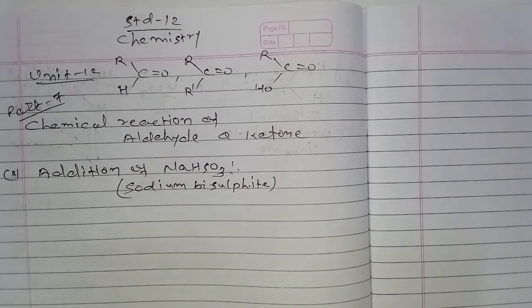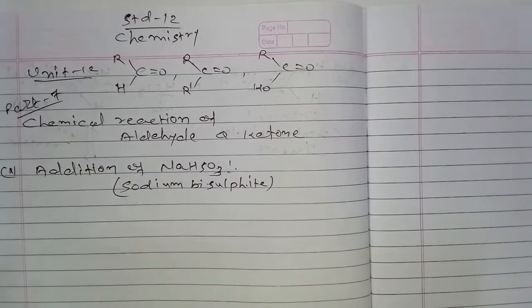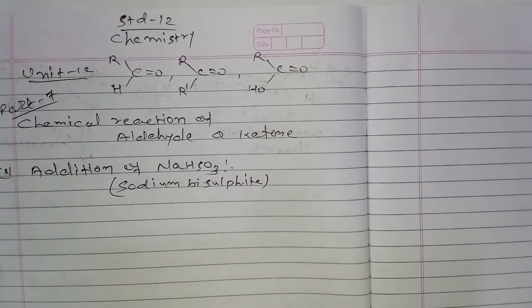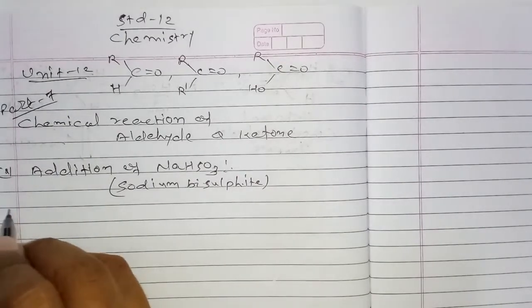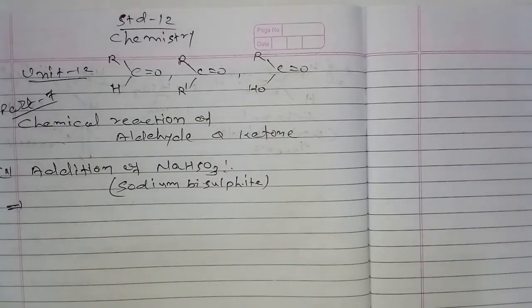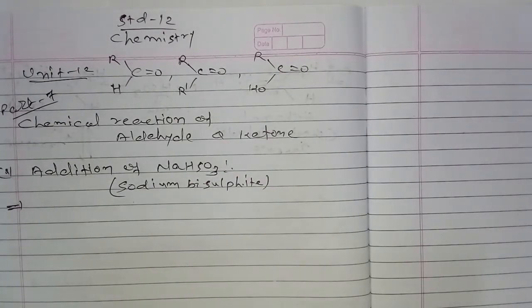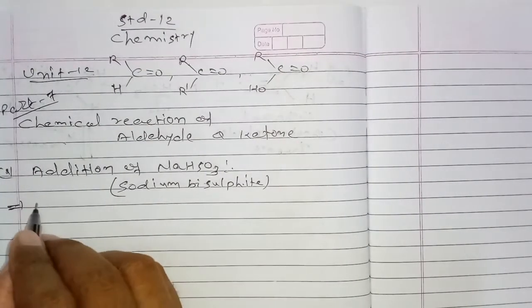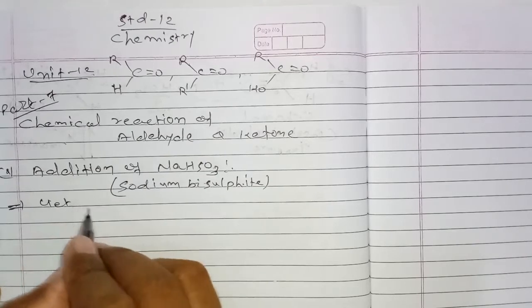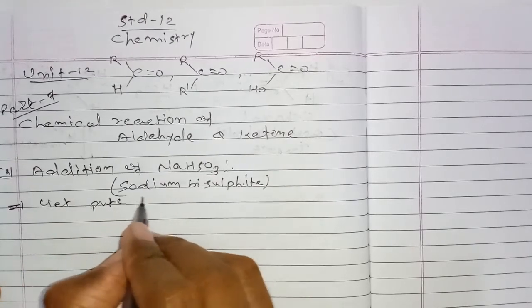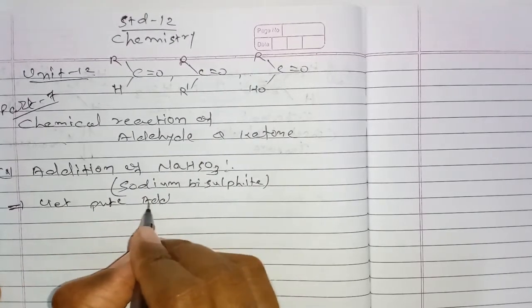Here we discuss about the addition of sodium bisulfite, NaHSO3. This reaction is very important to get pure aldehyde and ketone.